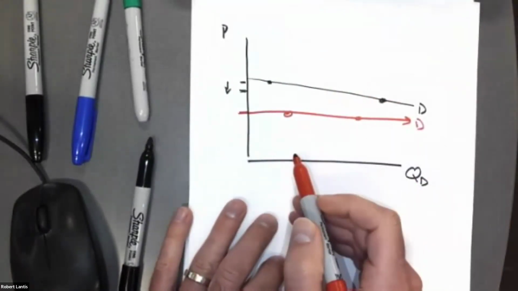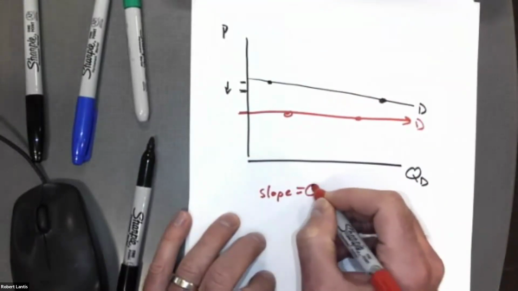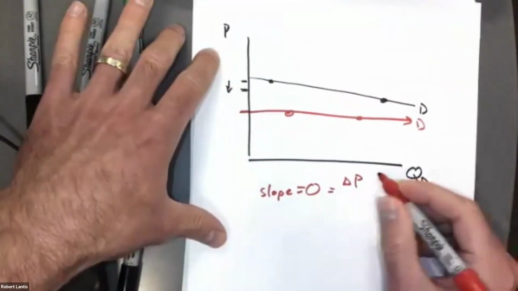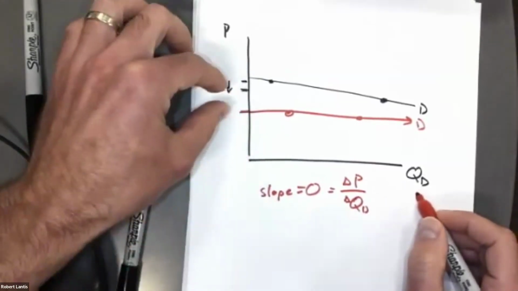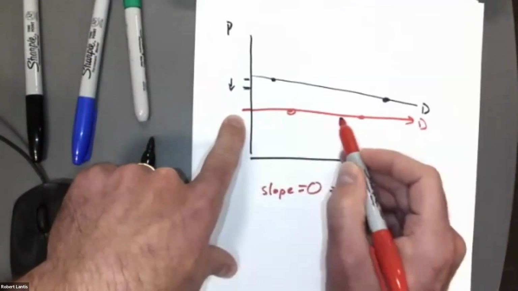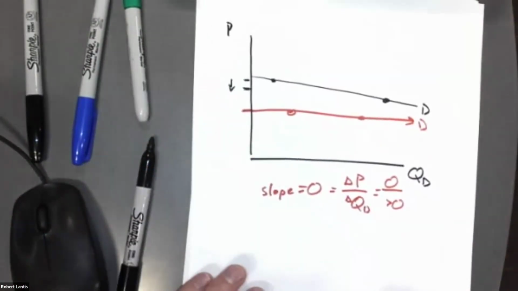So what's the slope of a horizontal line? It would be 0, because slope is the change in y over the change in x. What's the change in my price? It's not changing at all, but I'm still seeing some change in my quantity demanded. So my slope is 0.